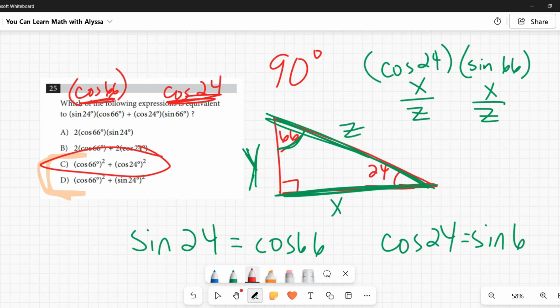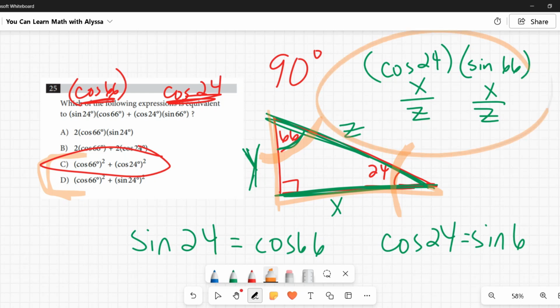But this is one of those things that's good to know for your math class: if you have a right triangle, the sine of one angle is always equal to the cosine of the other angle. We're not talking about the right angle. We're talking about the two non-right angles. The sine of one is equal to the cosine of the other, and vice versa, every single time if they're in the same triangle. And this is why.